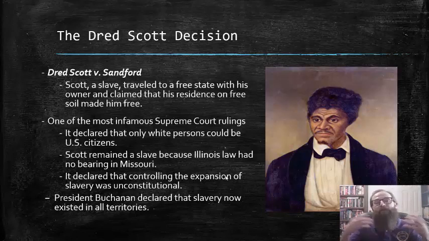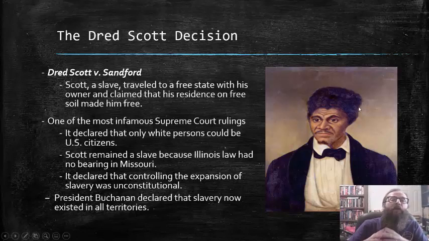This was a famous Supreme Court case in which a slave, Mr. Dred Scott, whom you see right here, brought a suit to the courts that argued that because his master took him to a free state and he had resided there with his master for a brief period of time, he claimed that his residence there on that free soil made him free.